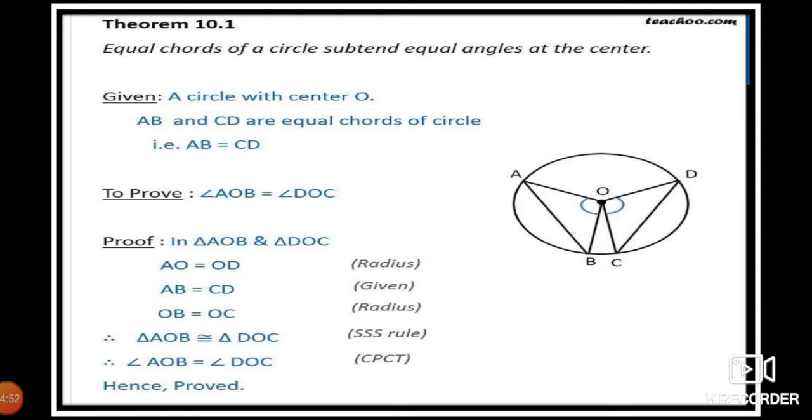That's why three sides of one triangle are equal to the corresponding sides of the other triangle. Because of that only, we come to the conclusion that the given two triangles are congruent, so obviously the angles should be equal. I mean angle AOB equals angle DOC. Okay, hence it is proved.